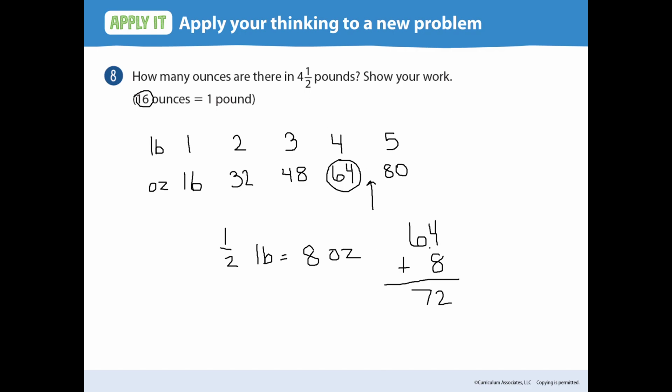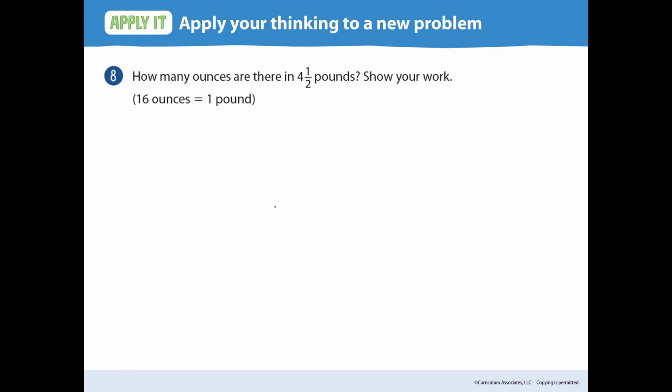Okay, another way you can do this is we can multiply 4 and 1/2. I know that 4 1/2 is the same as 4.5. And so I can take 4.5 and I can multiply that by 16, which I get 6 times 5 is 30. 6 times 4 is 24, 25, 26, 27.